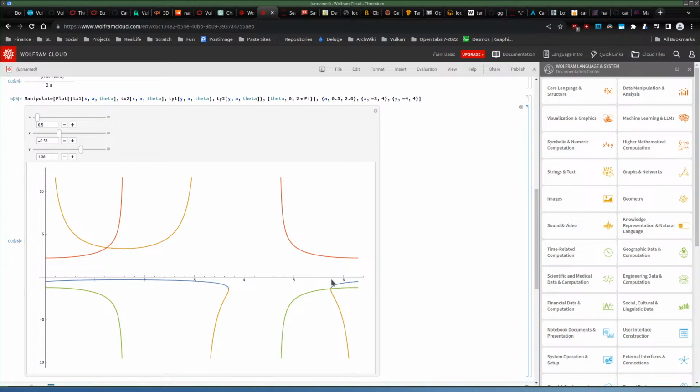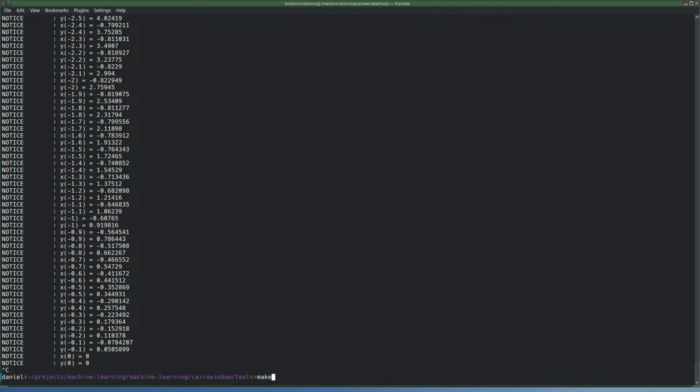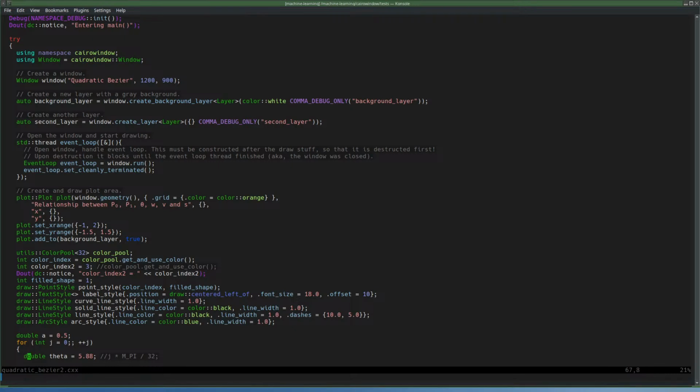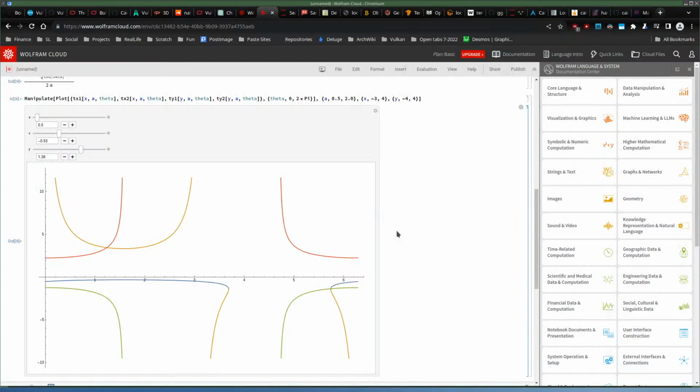That is a theta of 7.5. 5.75. And A is still 1.5.